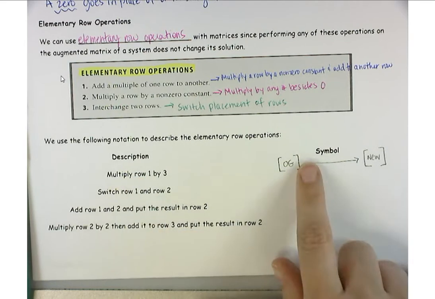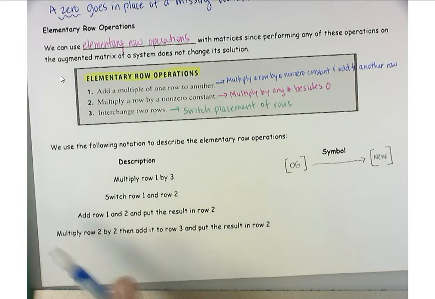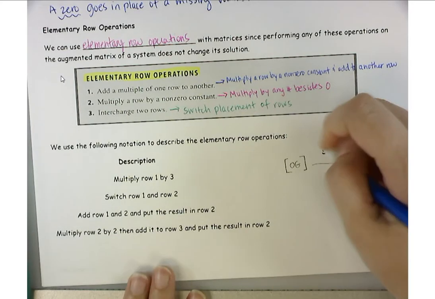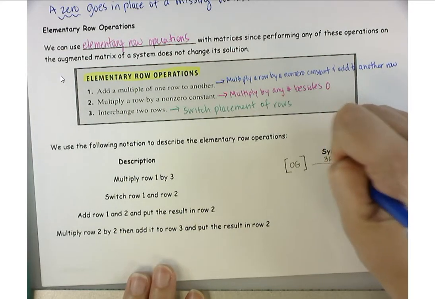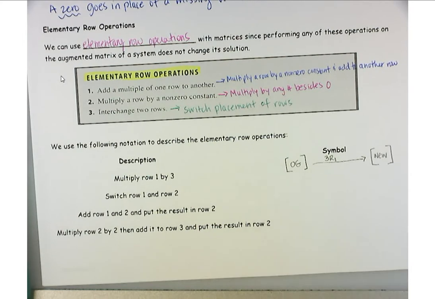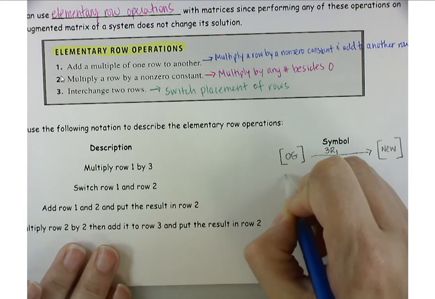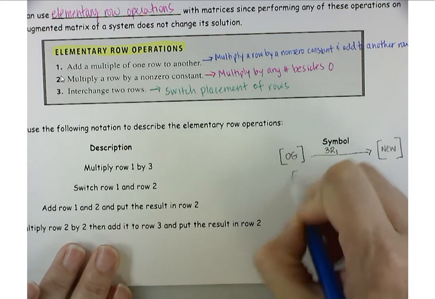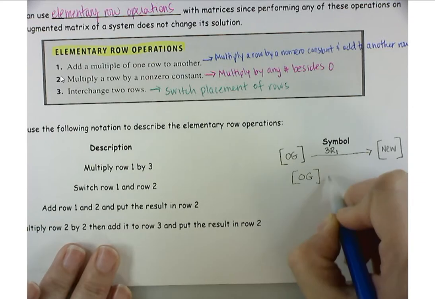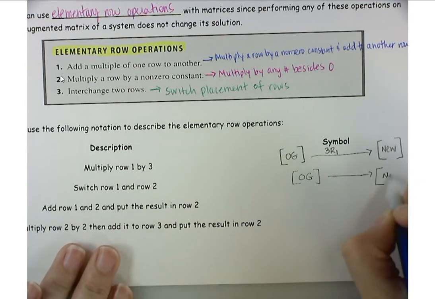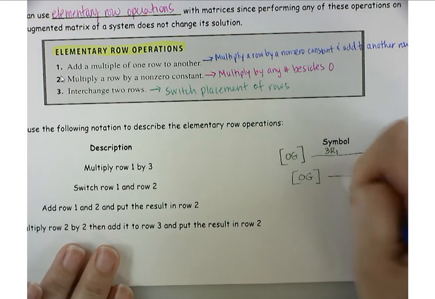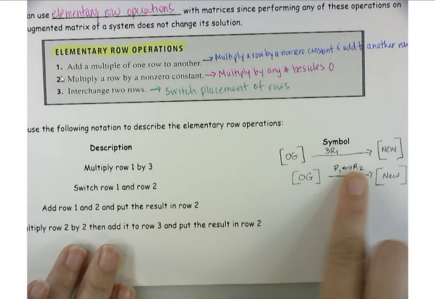So you have to do the arrow, okay, and then your symbol is going to be 3 times row 1. All right, and then the next one, we're going to switch row 1 and row 2. So we have our original, we're going to our new, and then on our line, we write R1 and R2 are going to switch. So we have a double-sided arrow there.